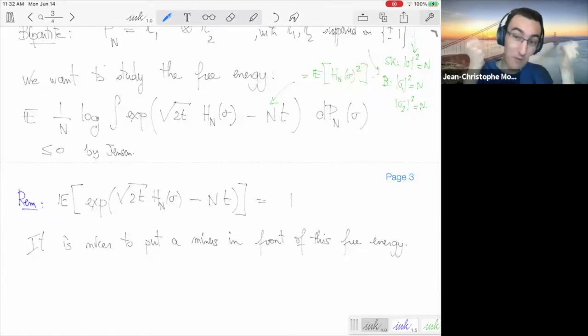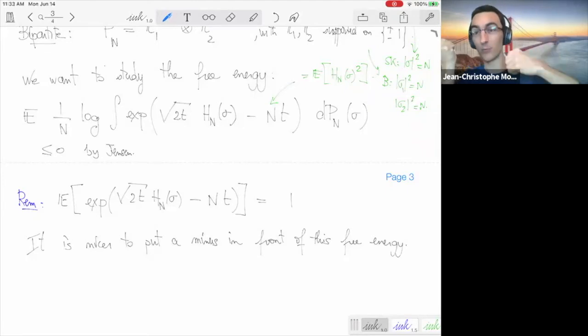And we also had to be mindful that we don't want to introduce something that looks too complicated, because otherwise, it was nice for us that when we said t equals 0, we can compute the free energy explicitly even for finite n.